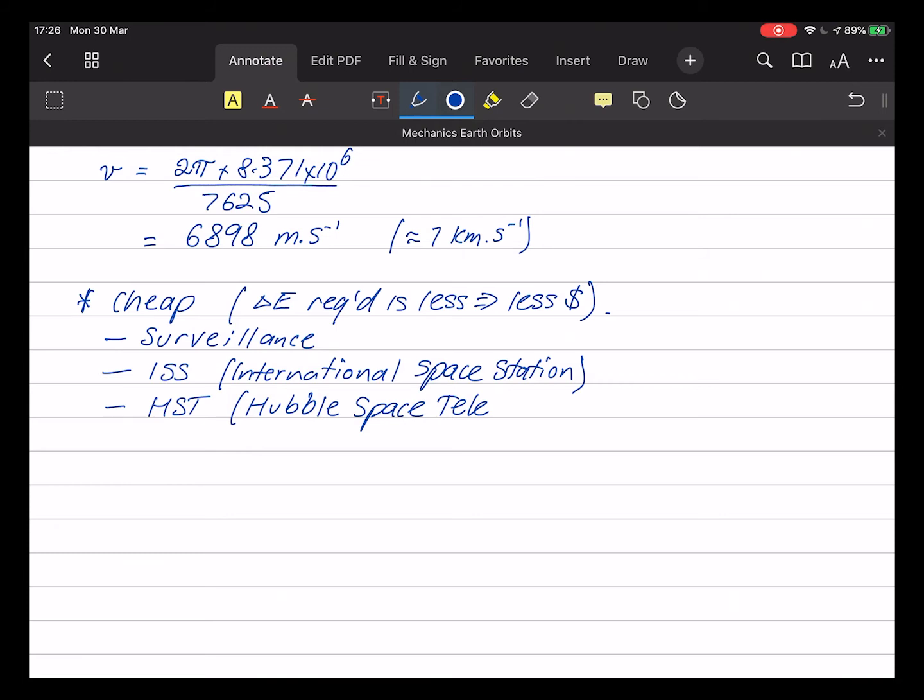Hubble looks across the visible and peeks either end, into the ultraviolet and the infrared. James Webb goes deep into the infrared, and whilst Hubble is sitting in a low Earth orbit, the James Webb Telescope is going to be on the other side of the Sun, sitting at a Lagrangian point. So I don't quite understand how it's billed to be the spiritual successor.